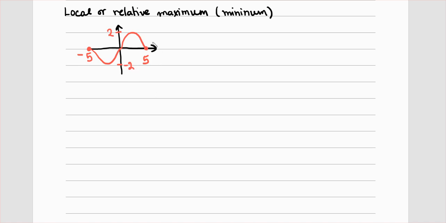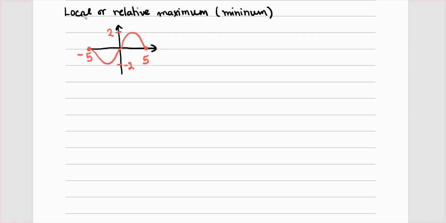Okay, so if you look at this graph here, you can see that your left end and your right end of the graph, it doesn't go to the infinity.